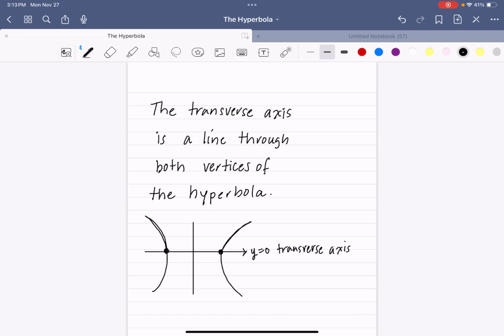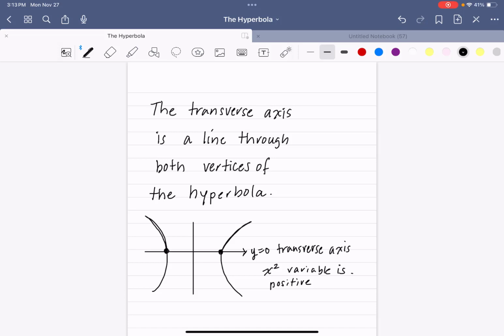We'll be able to tell that because the x squared variable will be positive in the equation. So it's the x-axis if the x squared variable is positive.